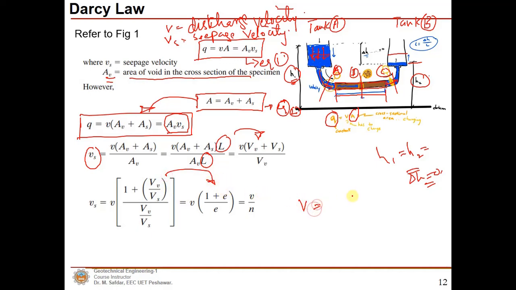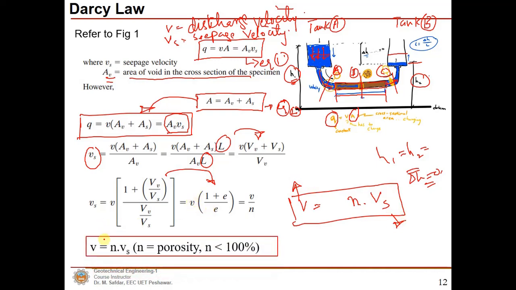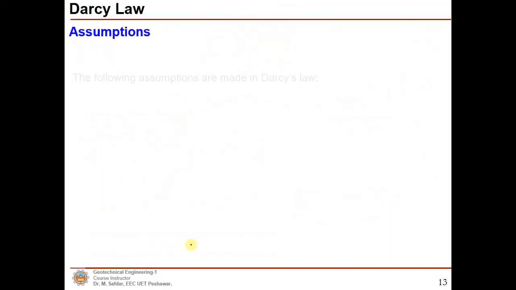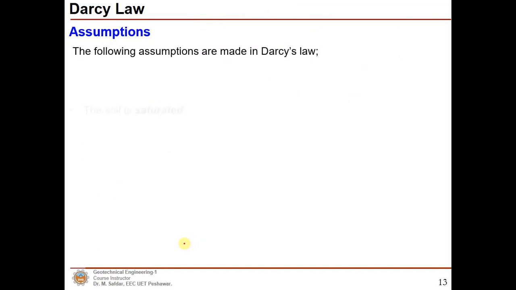So we'll come up with a relationship that V is equal to n into Vs, where n is the porosity, V is the discharge velocity, and Vs is the seepage velocity. So mathematically it's also been proved that discharge velocity is less than the seepage velocity, because the porosity is always less than 100%.